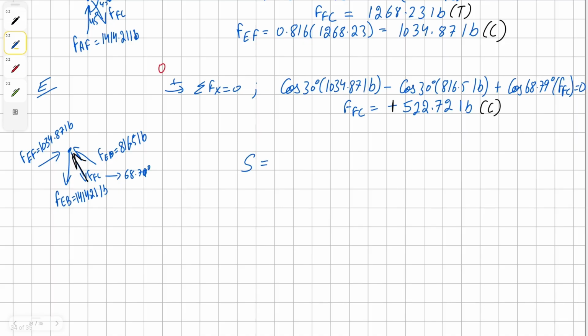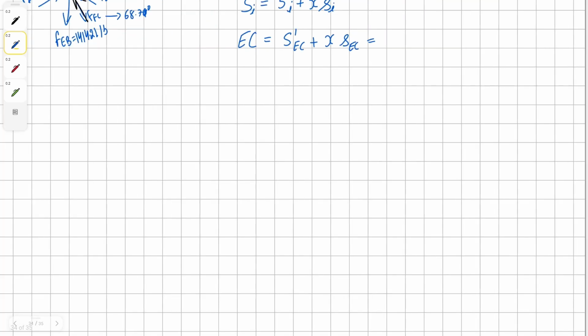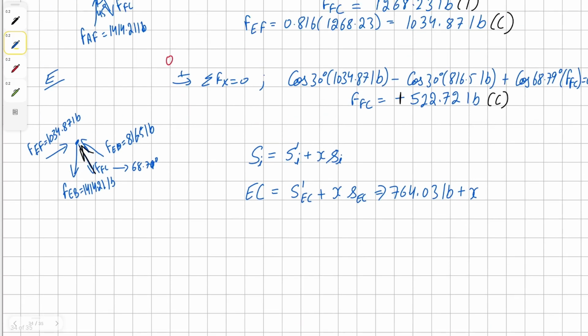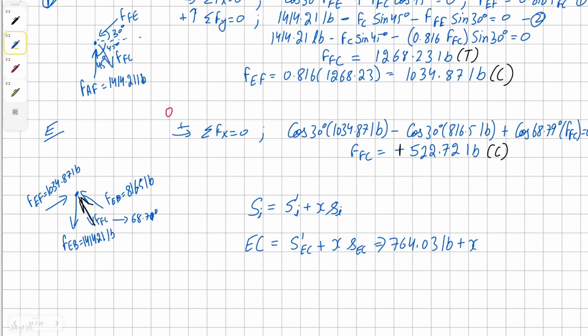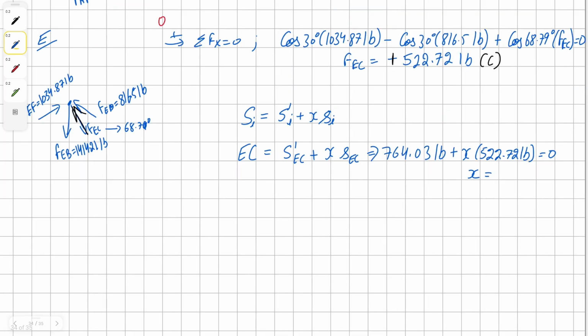S equal to S prime plus X times S, which is simply going to be our EC with the external reaction forces. We found it to be 764.03 pounds, and then we have our X, which is unknown, and our petite S we found for EC as 522.72 pounds, all equals to 0. Solving for X, we get our solution as negative 1.46.